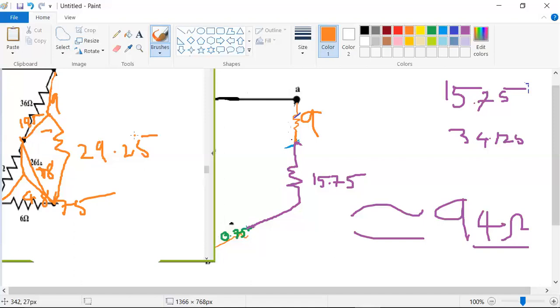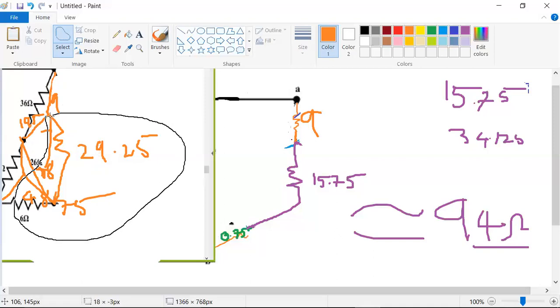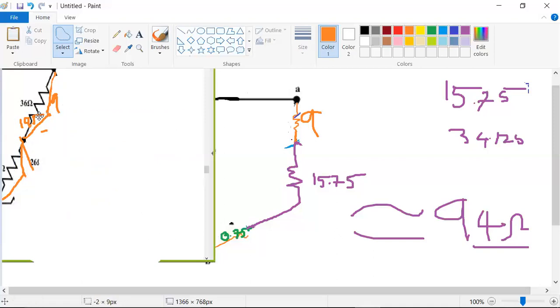Then the answer would be 34.125. I am removing this. 34.125.